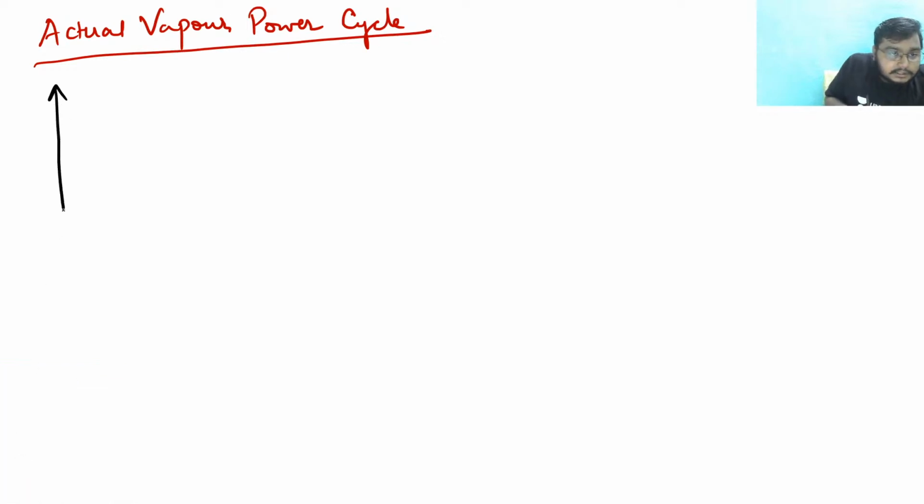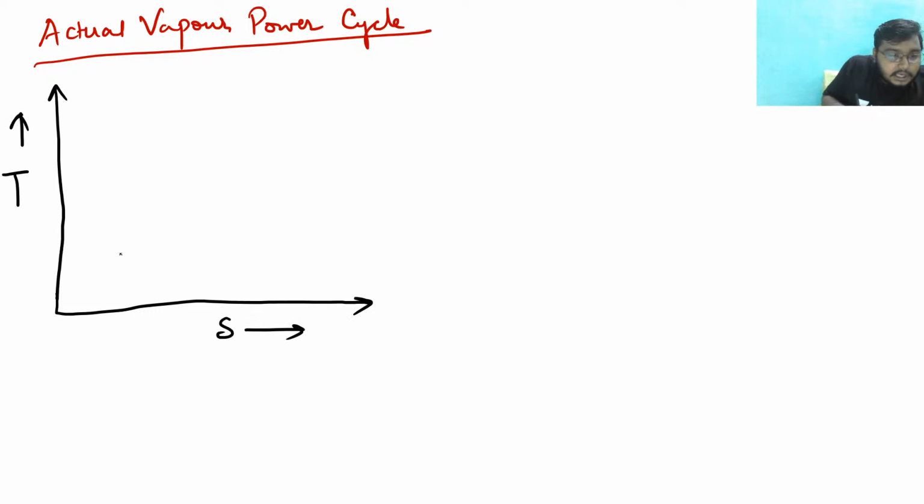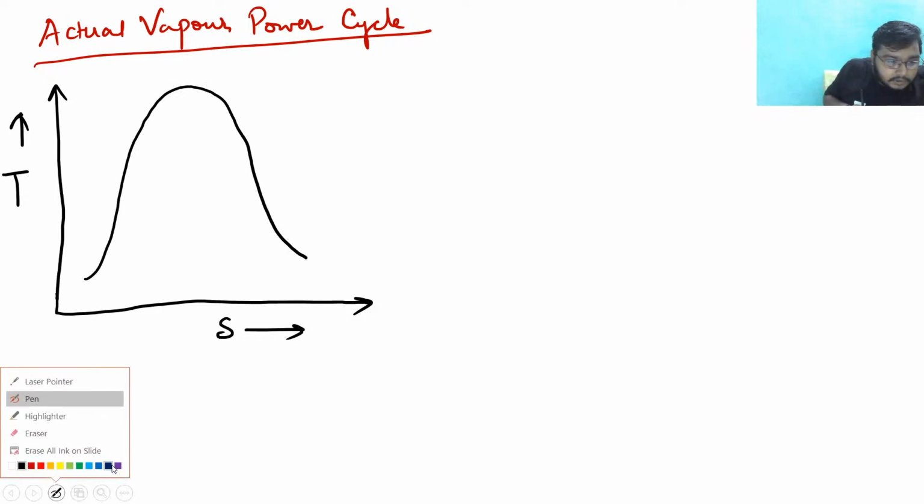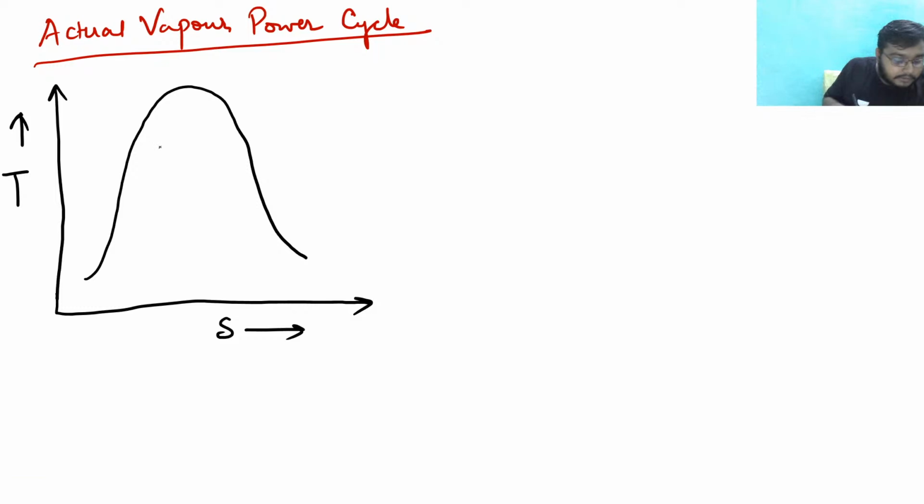I have drawn the graph like this: here is the entropy S, here is the temperature T, and here is a vapor dome. This is one pressure line, this is another pressure line.